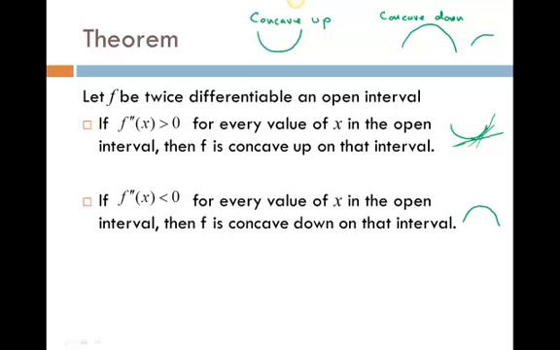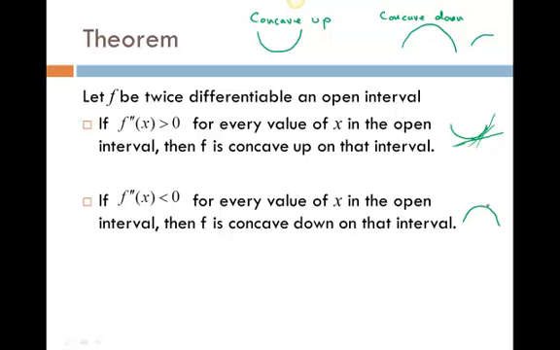It means the first derivative is increasing, right? That's what the second derivative is measuring. It's measuring the rate of change of the first derivative, and the first derivative tells us the slope of the tangent line. So the slope is getting bigger, it's getting steeper if it's positive. So that's why it's concave up.